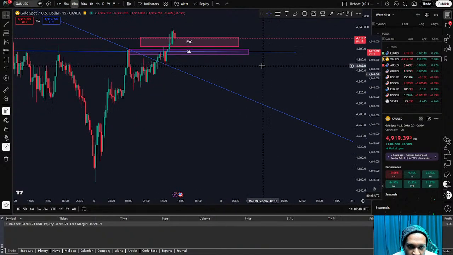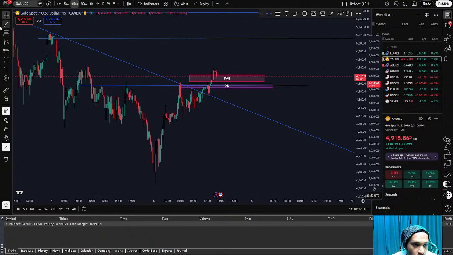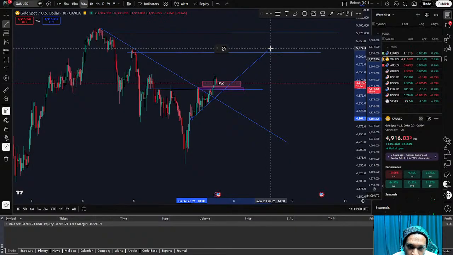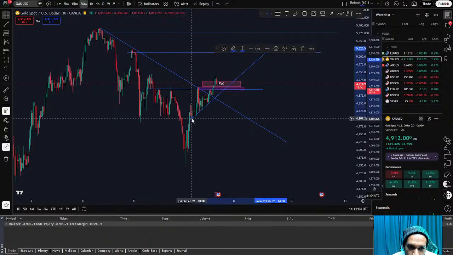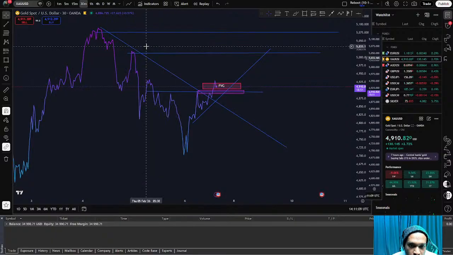So if we were to look at the entry change of character at this moment, based on the price momentum right now, let's say M30, let's say I take from here. Let's see on the line chart.